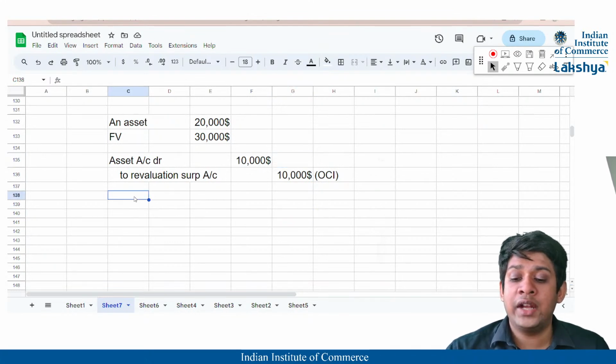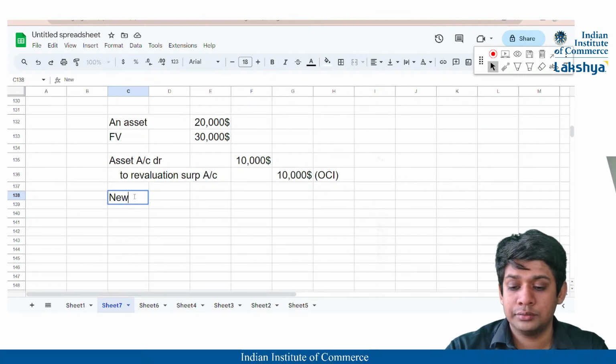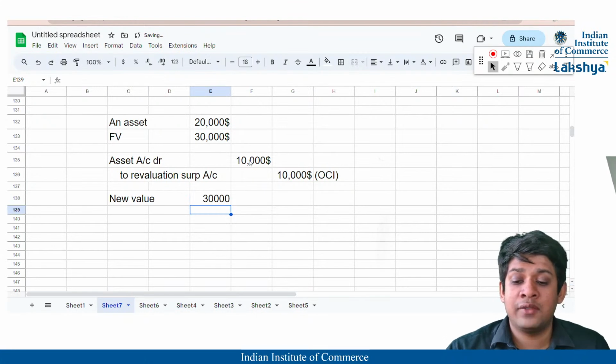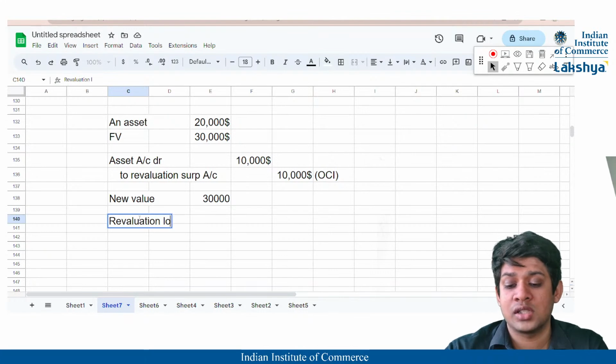Now at a later date, maybe the asset got revalued again. So the new value of the asset is now 30,000, correct, because I increased my asset value by 10,000 and its carrying value was $20,000. After this revaluation surplus, in the next year, maybe my asset got revalued again, and for that I got a revaluation loss.